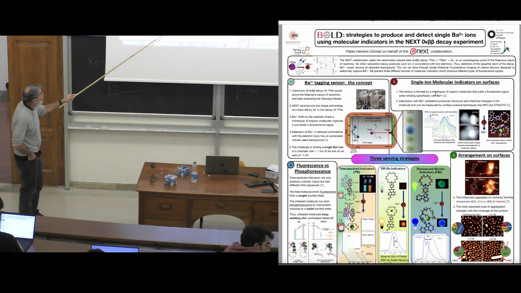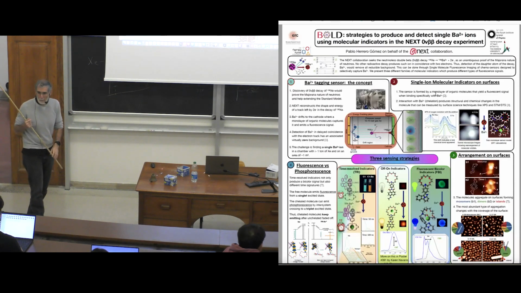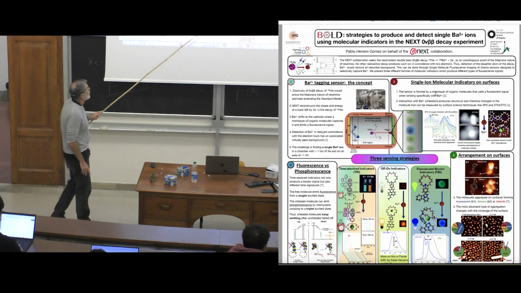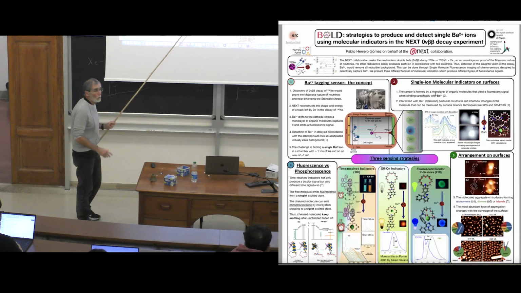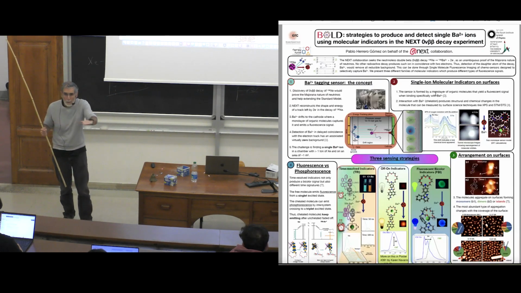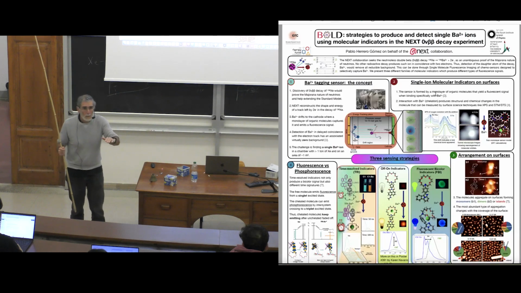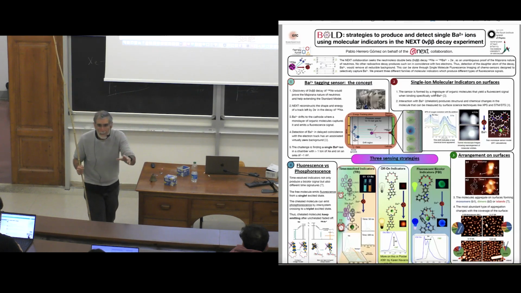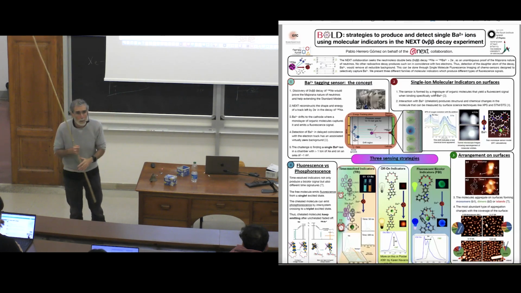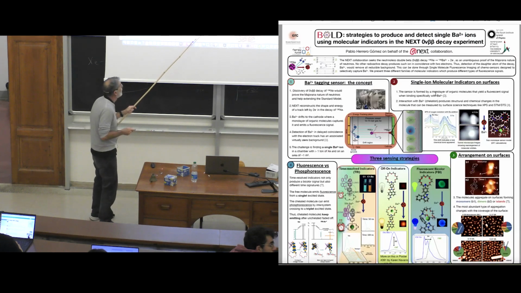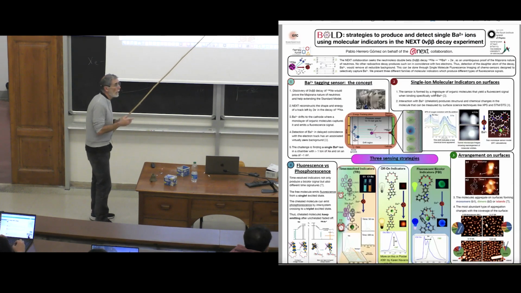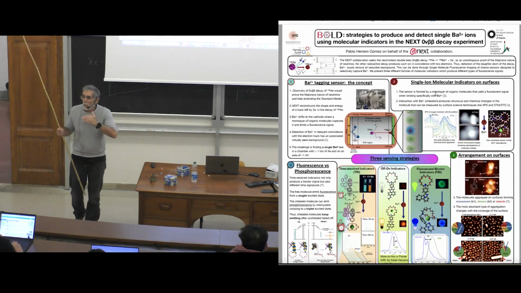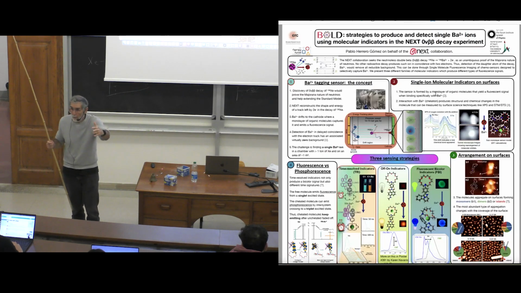This kind of stuff we have already measured. At the macroscopic level, we prepared a surface with molecules like this. Then we excited it with a laser and recorded the color, and the color was green. Then we evaporated a barium salt on top of the layer and basically chelated the full layer.